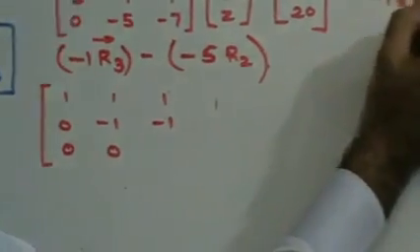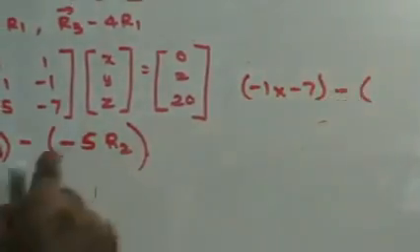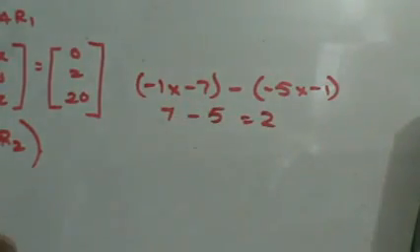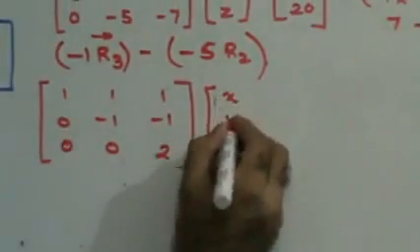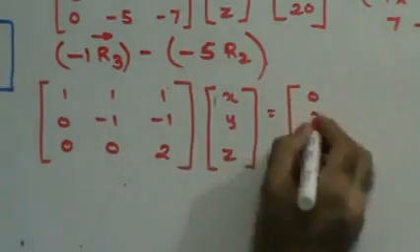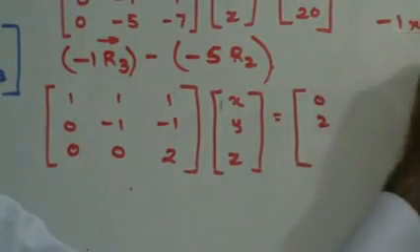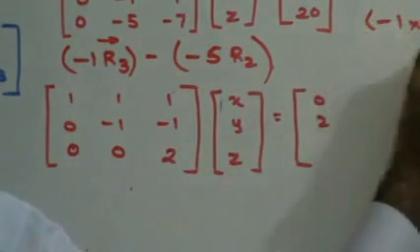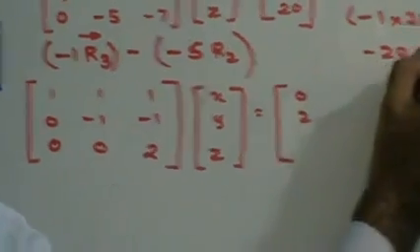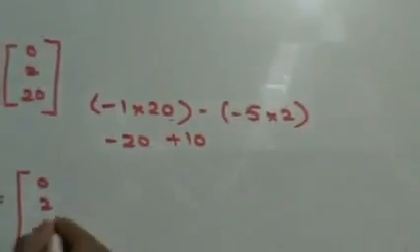Similarly for the third element, minus 1 into R3's minus 7 minus minus 5 into R2's minus 1, so this is 7 minus 5, which will be 2. Now let's see the right hand side. This is minus 1 into 20 minus 5 into 2, so this is minus 20 minus into minus, plus 10. So this will give you minus 10.